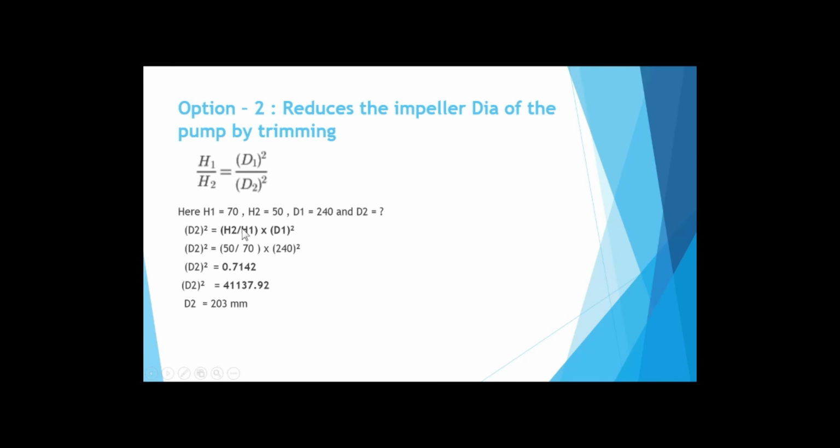Just apply the given values to this formula. So you will get D2 as 203 mm.